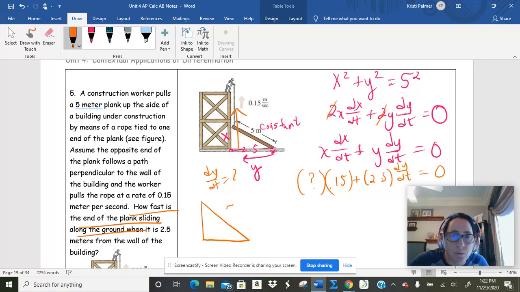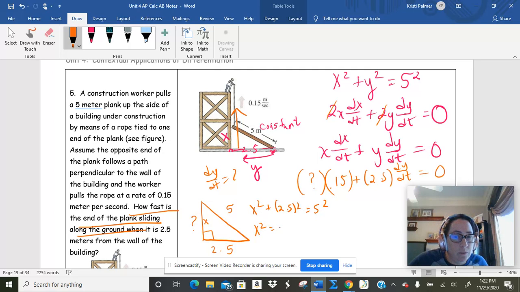So I know that this was 5 and this was 2.5, so we need to go find that side using the Pythagorean theorem. Okay, so we need to go find x. X squared plus 2.5 squared equals 5 squared.